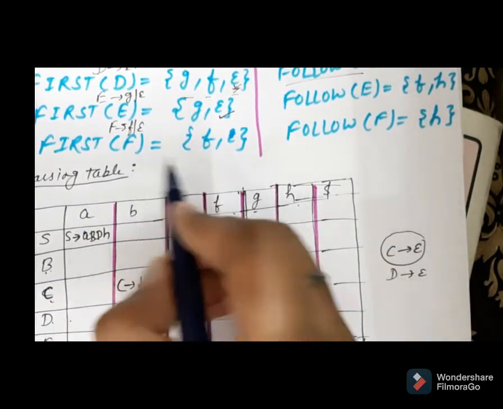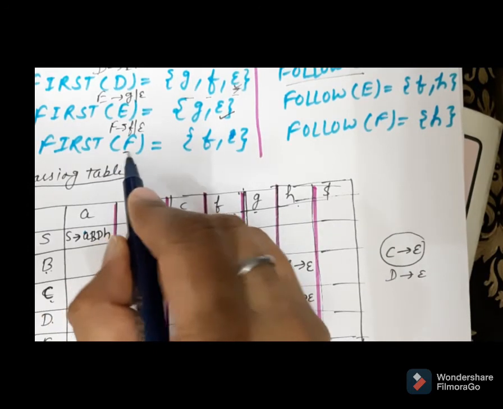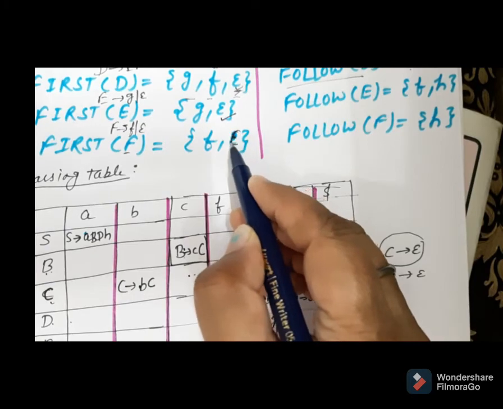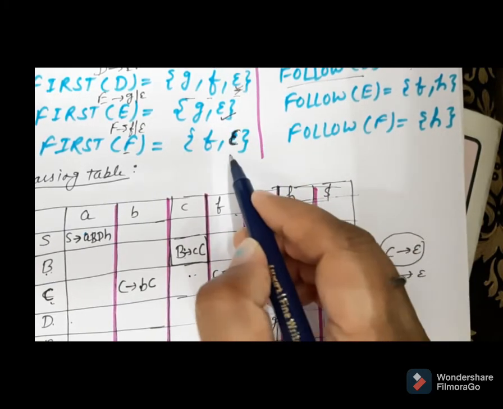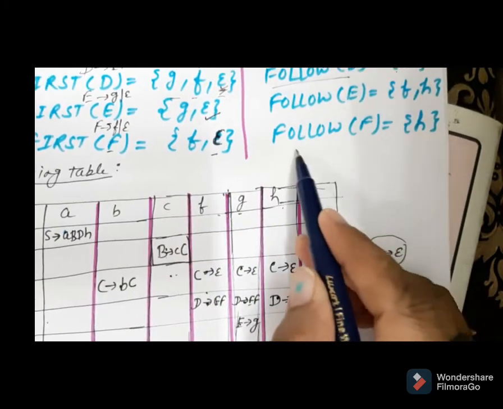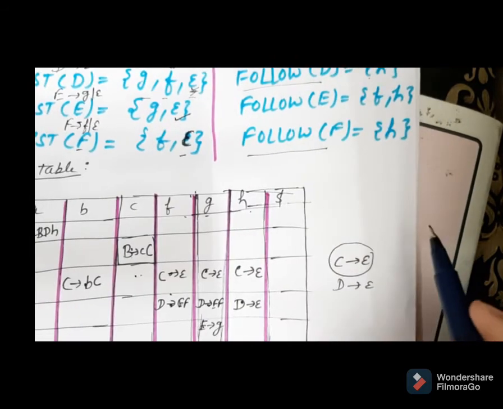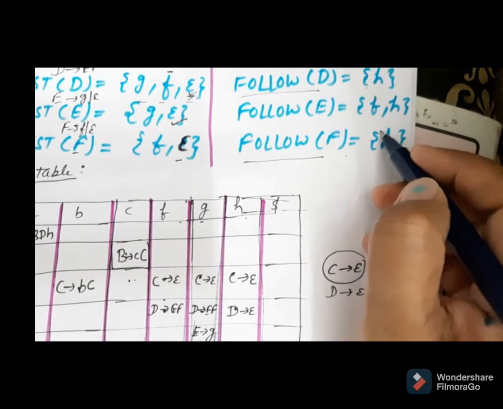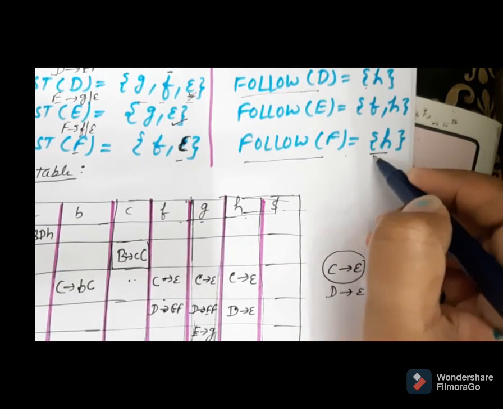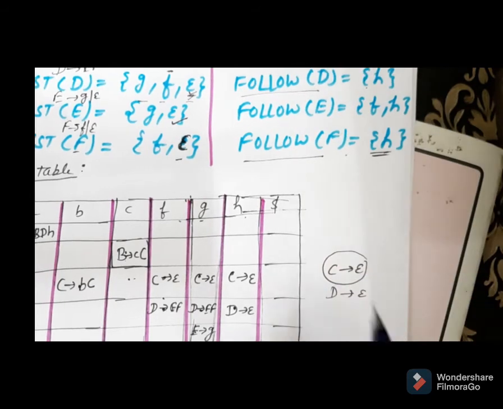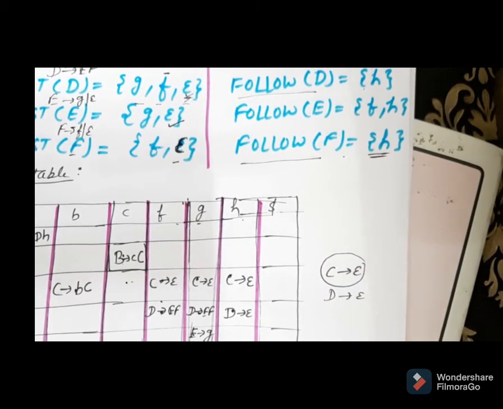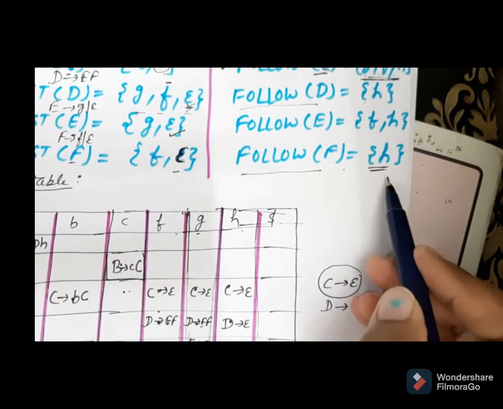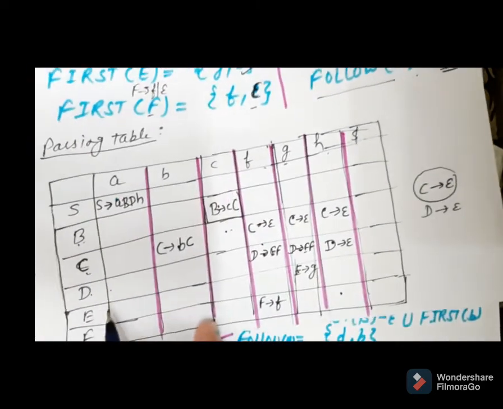And now I will use this F symbol. First of F also has epsilon in the set. So I will check the follow of F. After checking the follow of F, H is in the set of follow. So I use H here, and for what symbol?